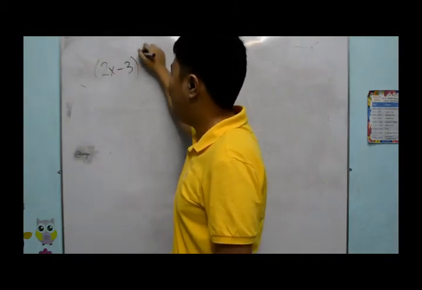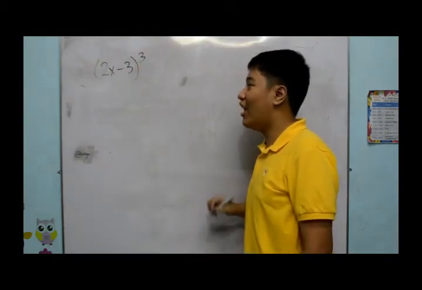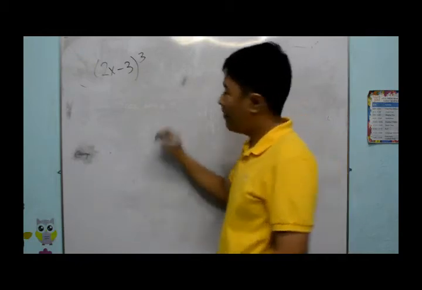Quantity 2x minus 3, cubed. This is quite hard, but we're going to make it through.